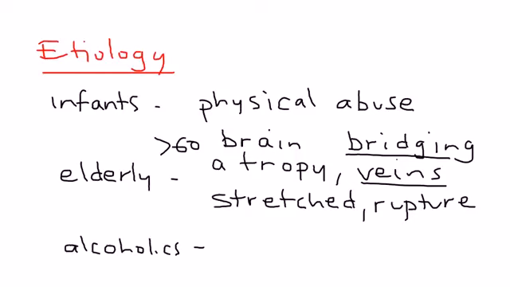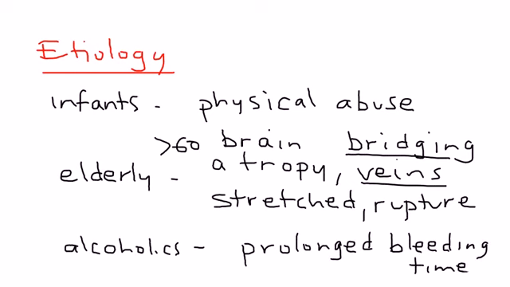Alcoholics, next one. Well, alcoholics, unfortunately, because they have this very poor nutrition, and alcohol misuse leads to a lot of problems, they can have prolonged bleeding times, and that can lead to this disastrous effect.